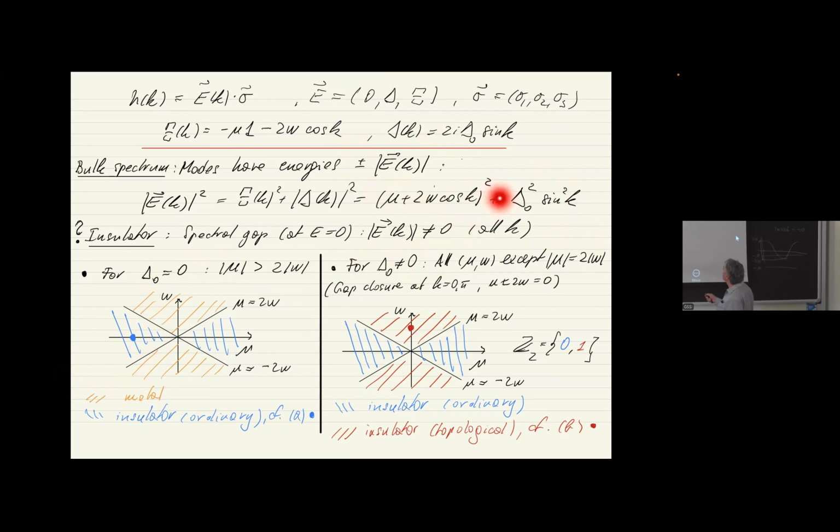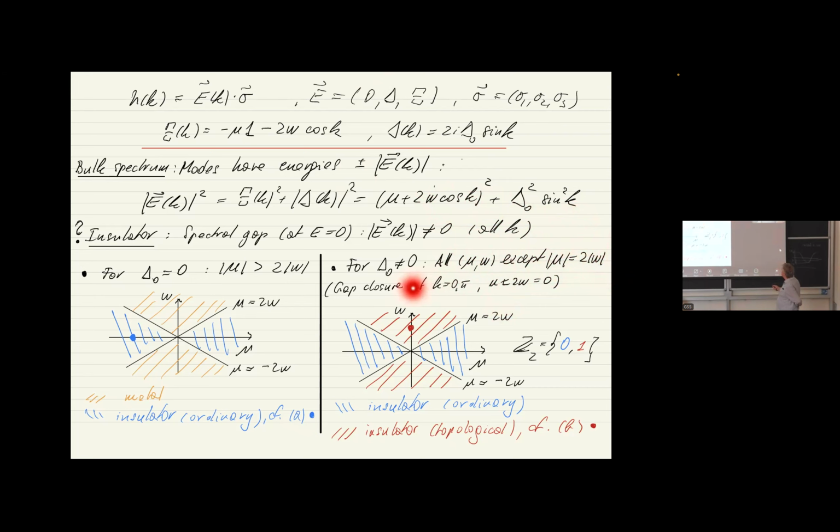In order to get this equal to 0, before we just had this positive term, but now we have two positive terms. In order to get the whole thing 0, both terms have to be 0. And so I claim that at almost all mu and w, you have a gap, except, what does it take? Except when mu is equal to 2w in absolute value.